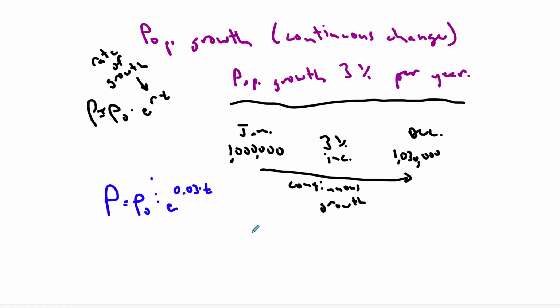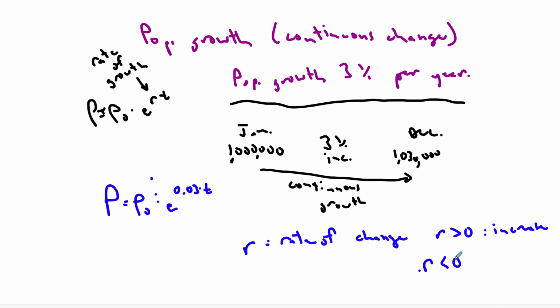So when we're looking at continuous change, the R is our rate of change, and if R is greater than 0, if it's positive, then it's an increase, and if R is less than 0, then it's a decrease. Okay?